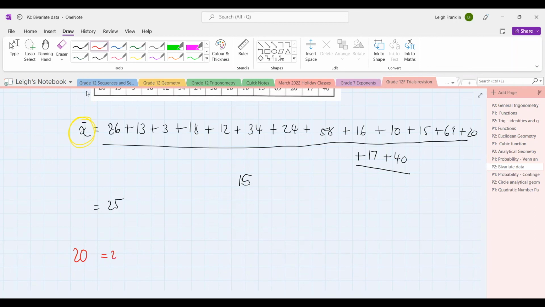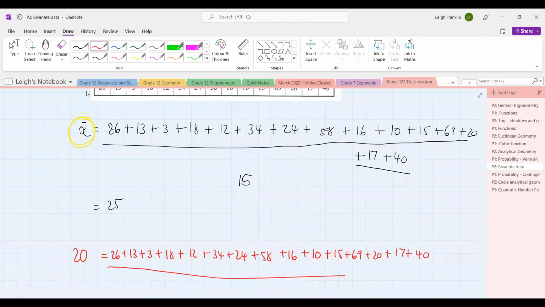In other words, I should have actually added these numbers together and worked out what they're equal to, but it really doesn't matter. Just get them all down again. Sorry, that's my divide line, which is very skew.